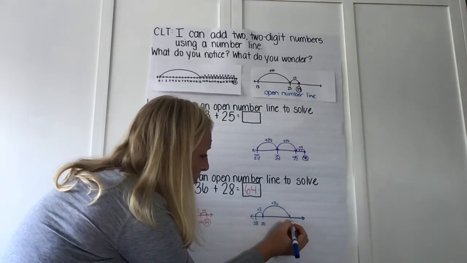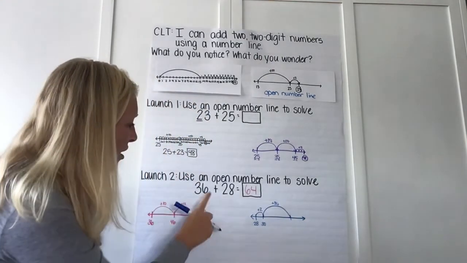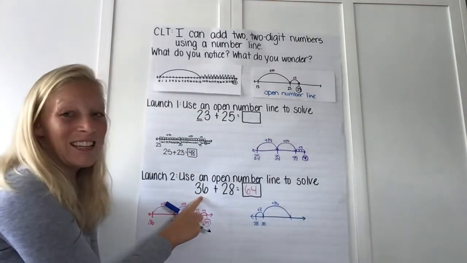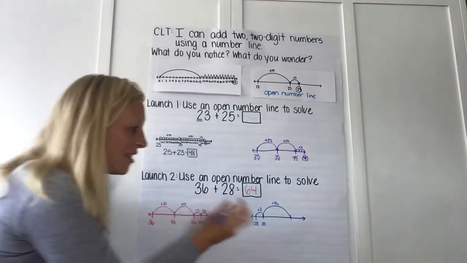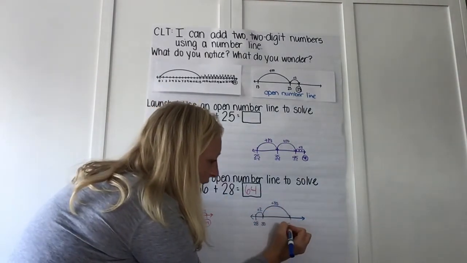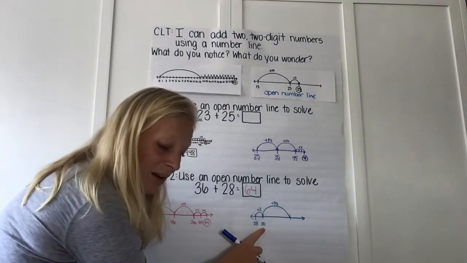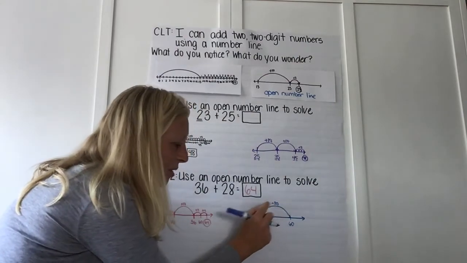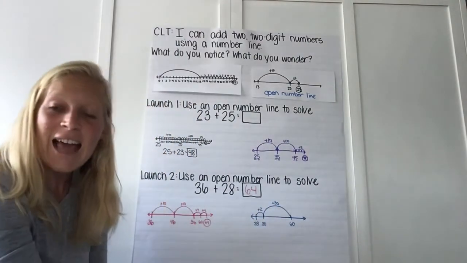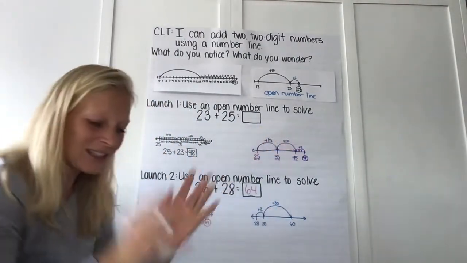Takes us back to the beginning of the week, doesn't it? Because we're adding 36 to 28, and so we have our 3 10s that we need to add. So if I add 30 to 30, what am I going to have? 60, because 3 10s plus 3 10s is 6 10s, and 6 10s is 60.